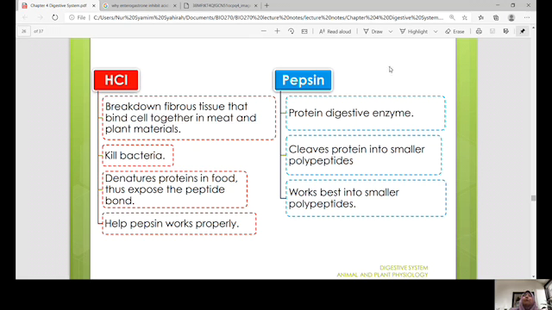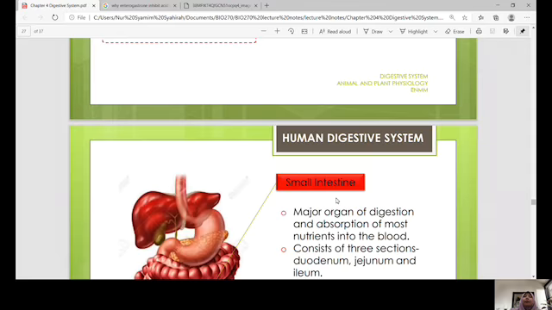Meanwhile, pepsin is a protein digestive enzyme. Protein needs pepsin to be digested. Pepsin cleaves protein into smaller polypeptides.